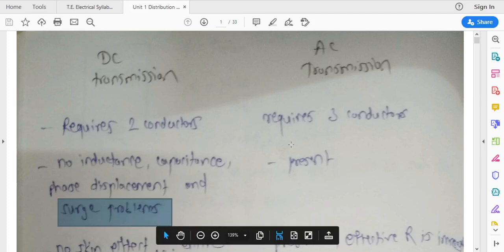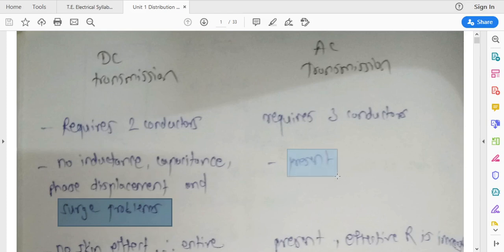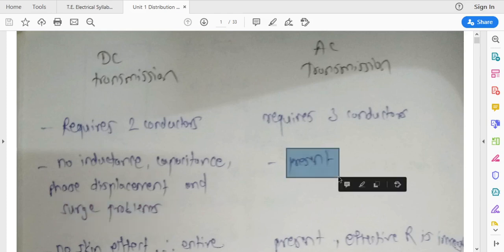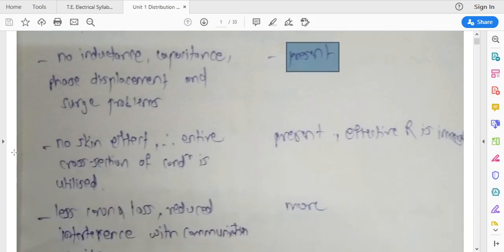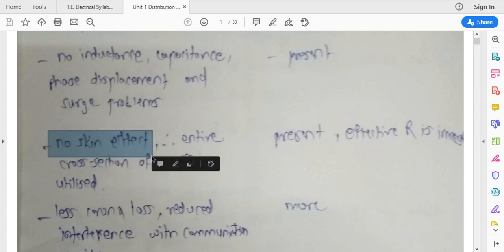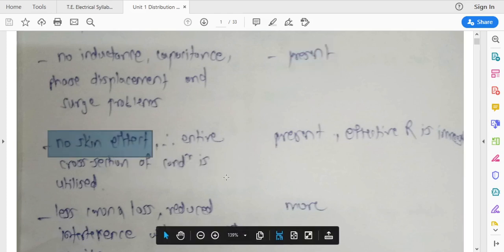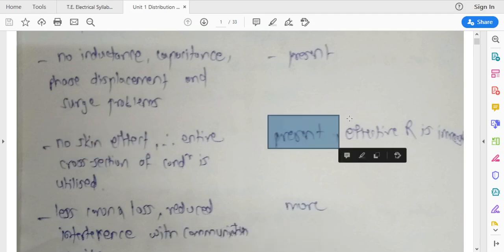But in the case of AC transmission, there is inductance, there is capacitance, there is phase displacement, and there is a surge problem also. In the DC there is no skin effect, therefore the entire cross-sectional area of the conductor is utilized. But in the case of AC transmission, the skin effect is present and the effective resistance is increased.